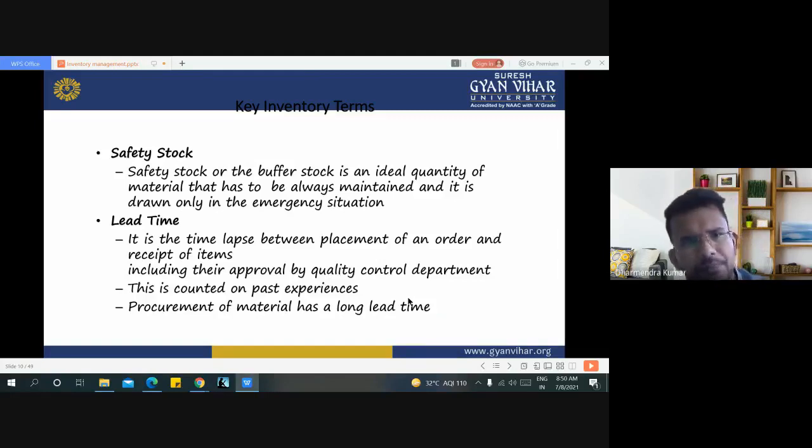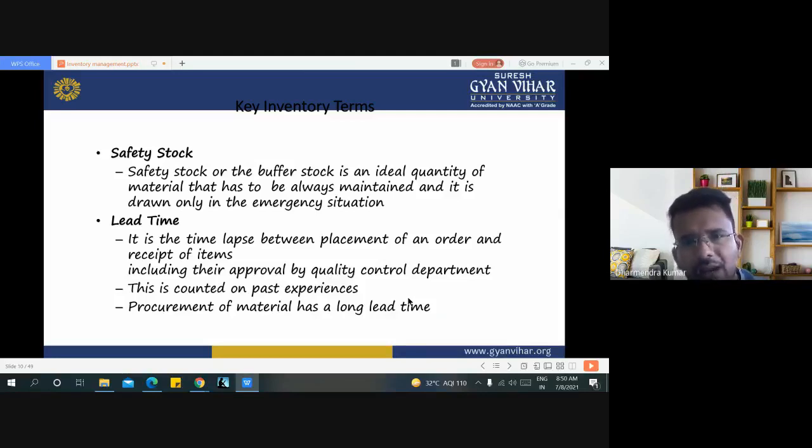Lead time is the time lapse between the placement of an order and the receipt of the item, including its approval by the quality control department. This is counted on past experience.